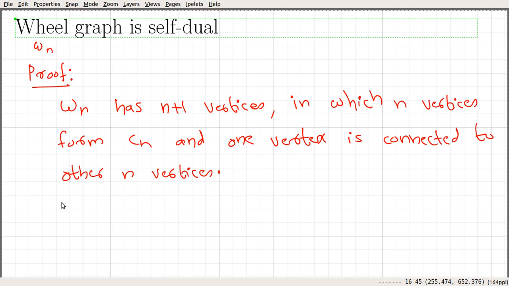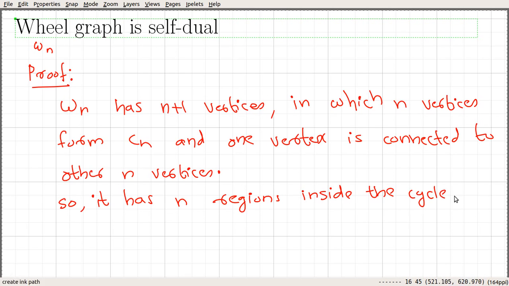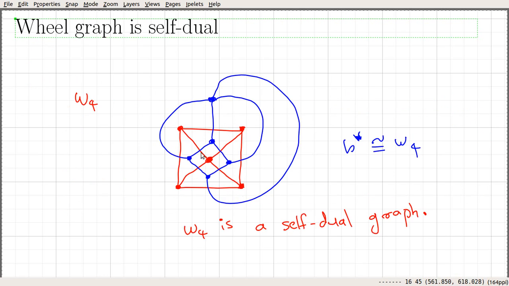So it has n faces or n regions inside the cycle Cn. That's what we saw here. Here we have 4 regions inside this C4.